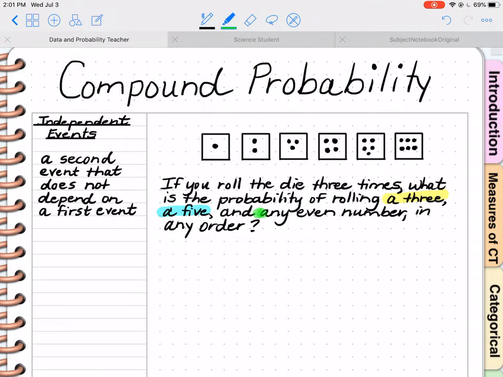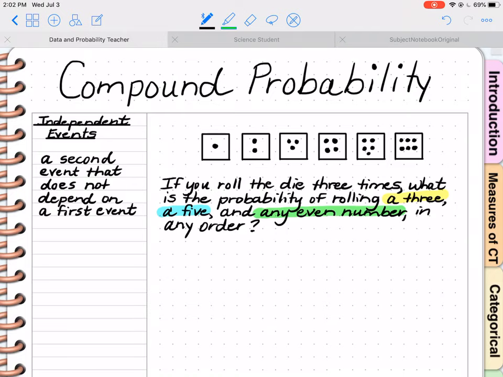And we want to get any even number. And the order doesn't matter. That's a really good thing because I don't have to roll the 3 first. I could roll the even number first. It doesn't matter. We're just looking at the probability of these 3 events that do not depend on each other. We don't care which one comes first.